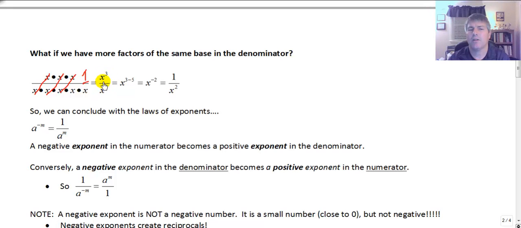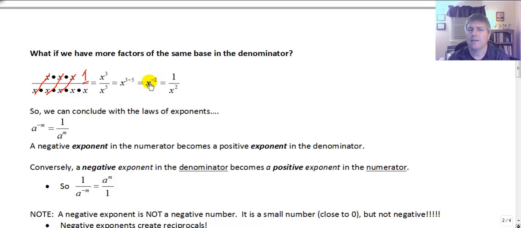But if we apply our laws of exponents, subtracting our exponents in the denominator from the numerator, we get x to the 3 minus 5, or x to the negative 2. Which, if we go back to our original problem here, we can see that's the same as 1 over x squared.